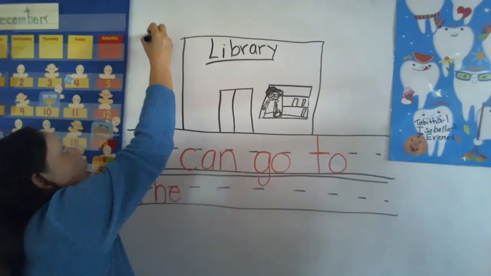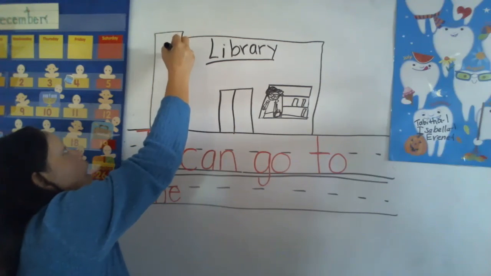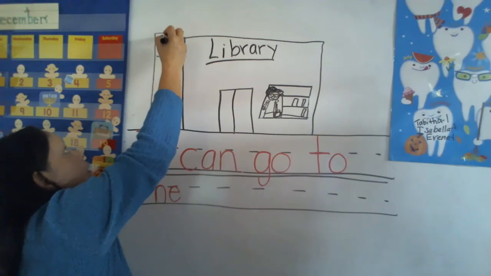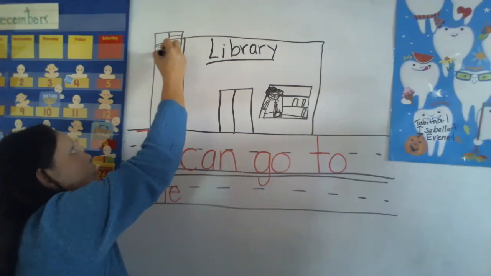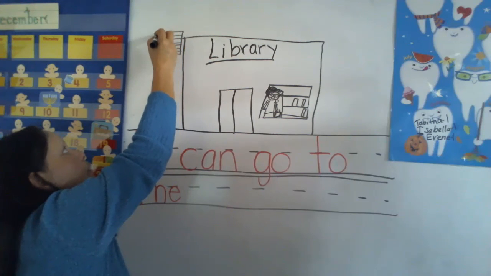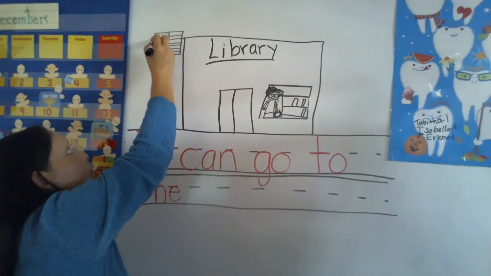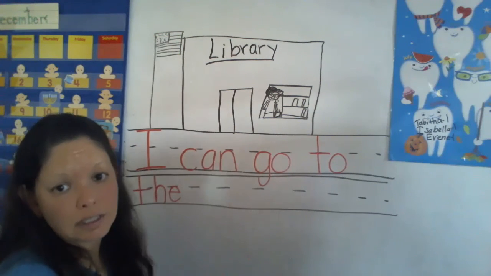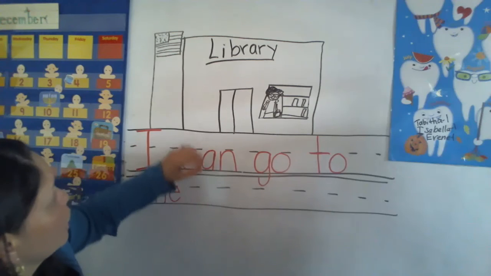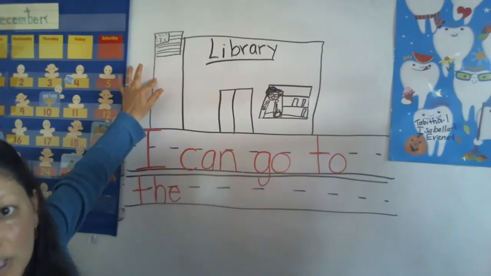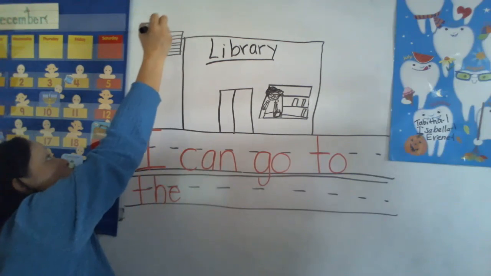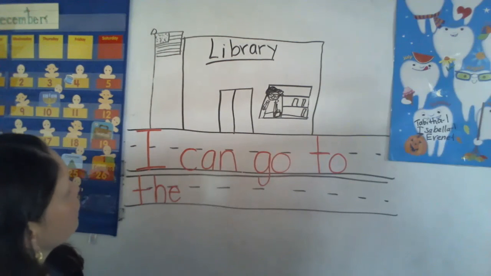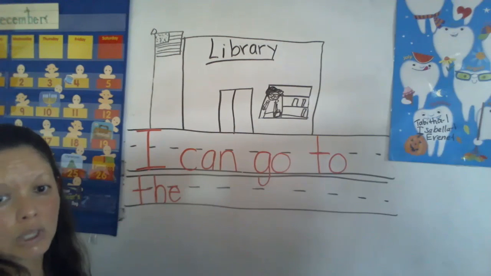All libraries have an American flag outside. It's a government building, a building that is paid for by the United States, by our government. So they have a flag outside for us to look at. They sometimes have a parking lot.